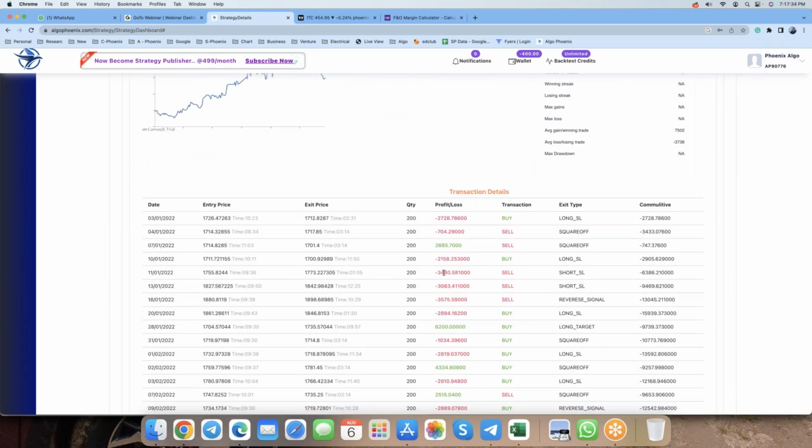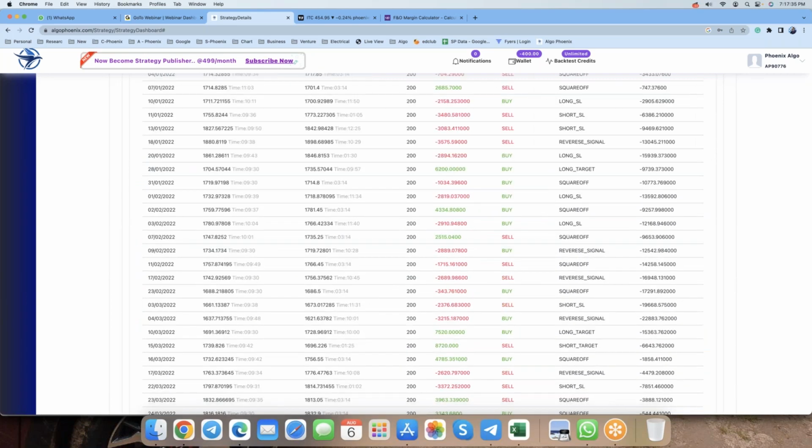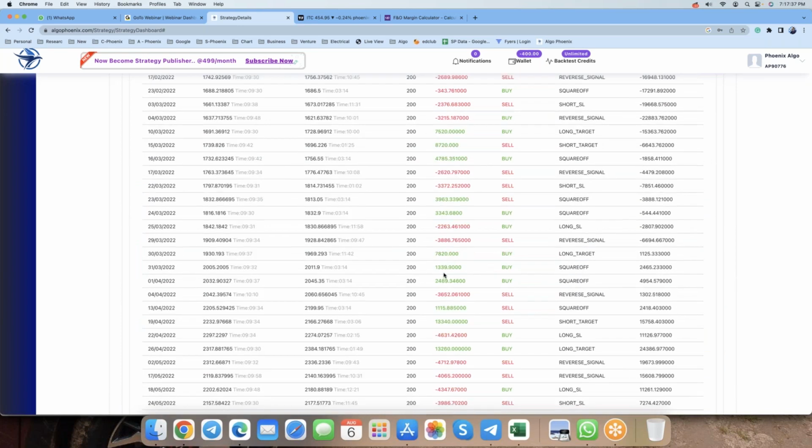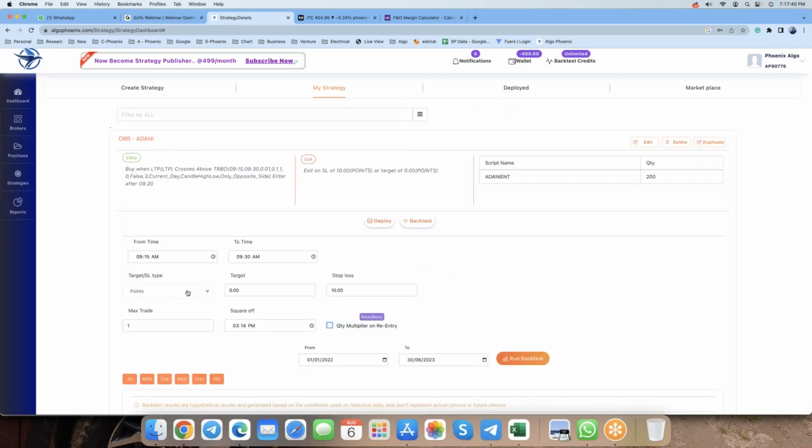I could see there are a lot of losses happening, more than 3,000, 4,000, 5,000. Now I can keep a stop loss of 10 or 20 points. Now I will work on stop loss. I can keep a stop loss of 10 points, just to earn 5,000, or lose 2,000 rupees.